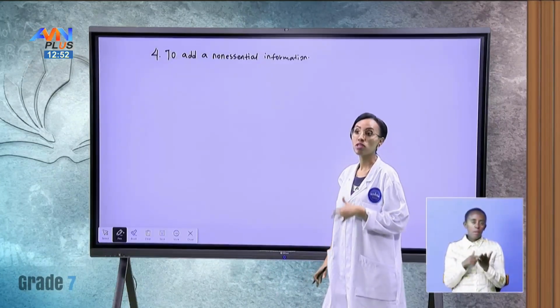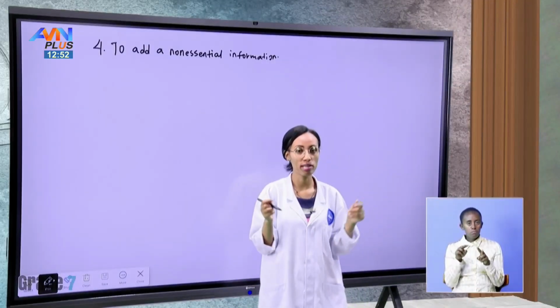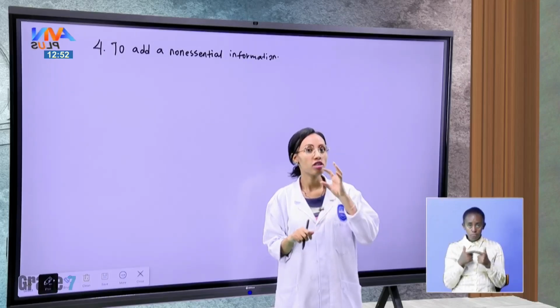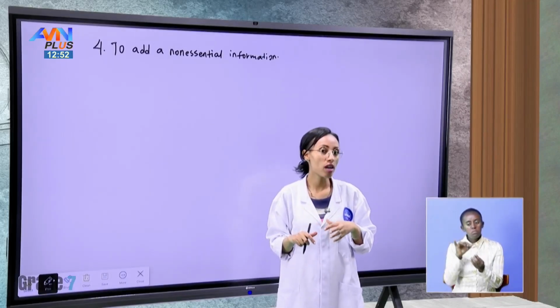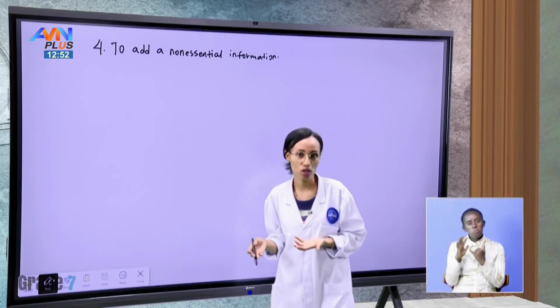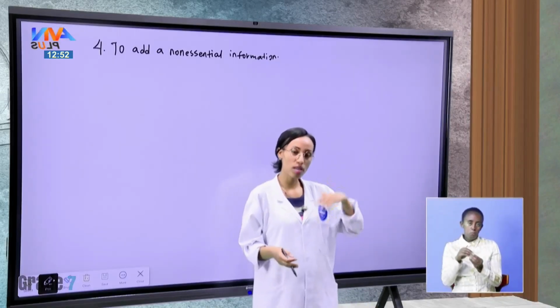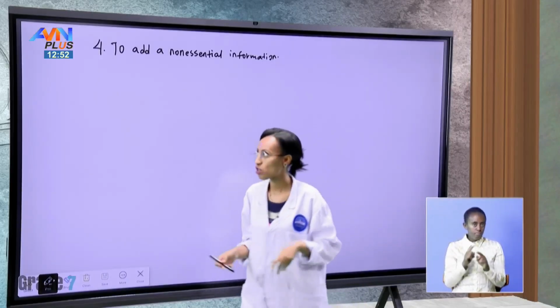Sometimes, if you see sentences where there are two commas in a sentence, and an additional information is added, so that information added may not be essential, may not be needed, but it's added nonetheless to give us what? More ideas. But it is not an essential idea.